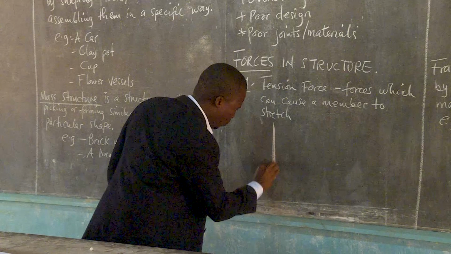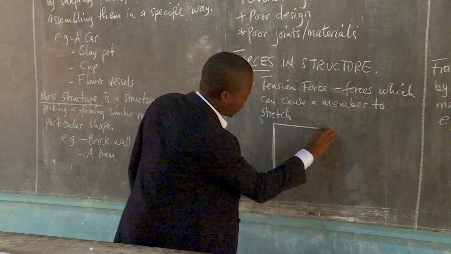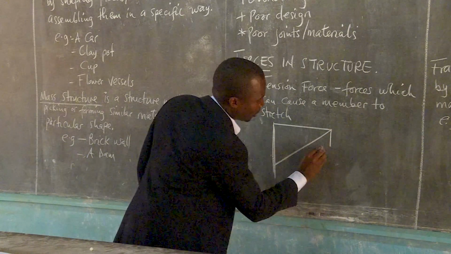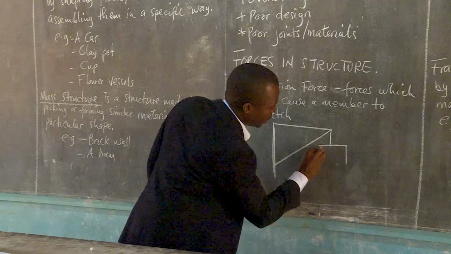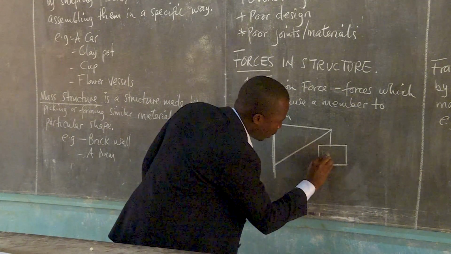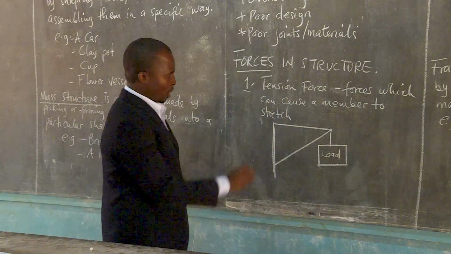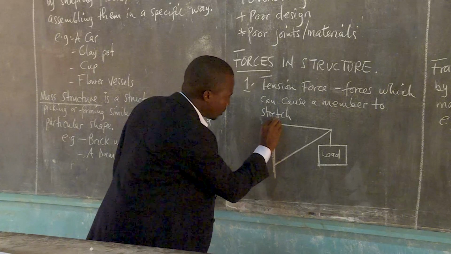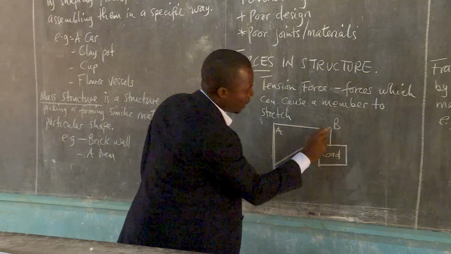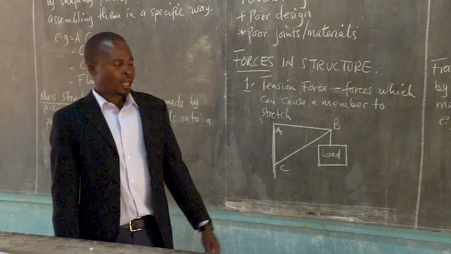For example, this is the wall, your structure is in this manner, this is the support, and then you have your billboard here. A billboard is a load. You have this structure A, B, and then there is also this structure C.